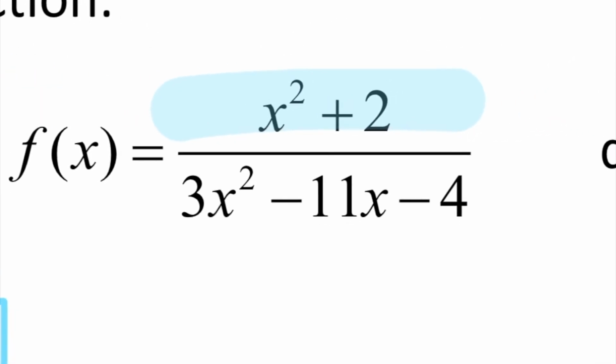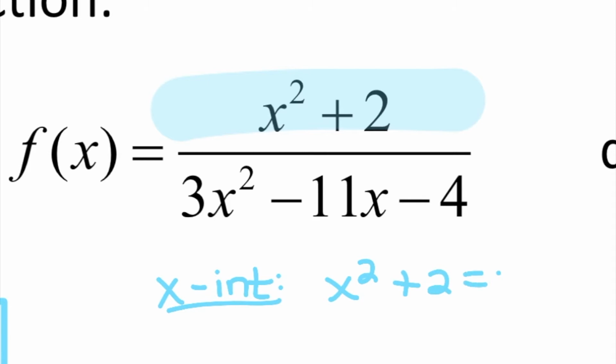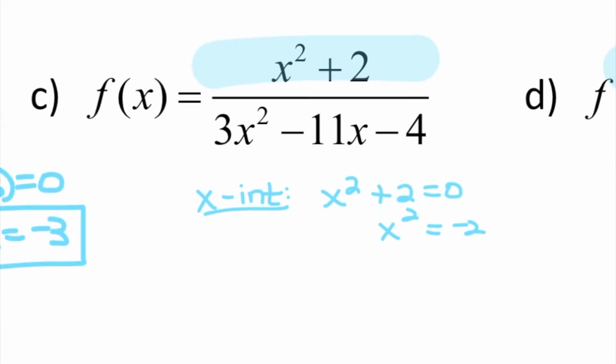For letter C, that's not factorable. And if you set this equal to 0, you would end up with x equals plus or minus i radical 2. Well, you can't have an imaginary x-intercept.